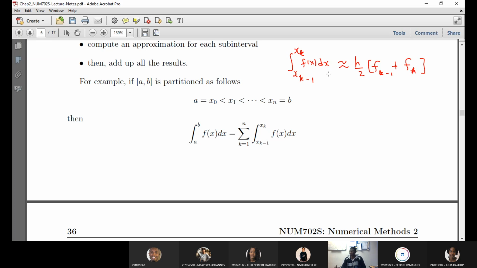Sorry, this is the trapezoidal rule, our trapezoidal rule over this subinterval.